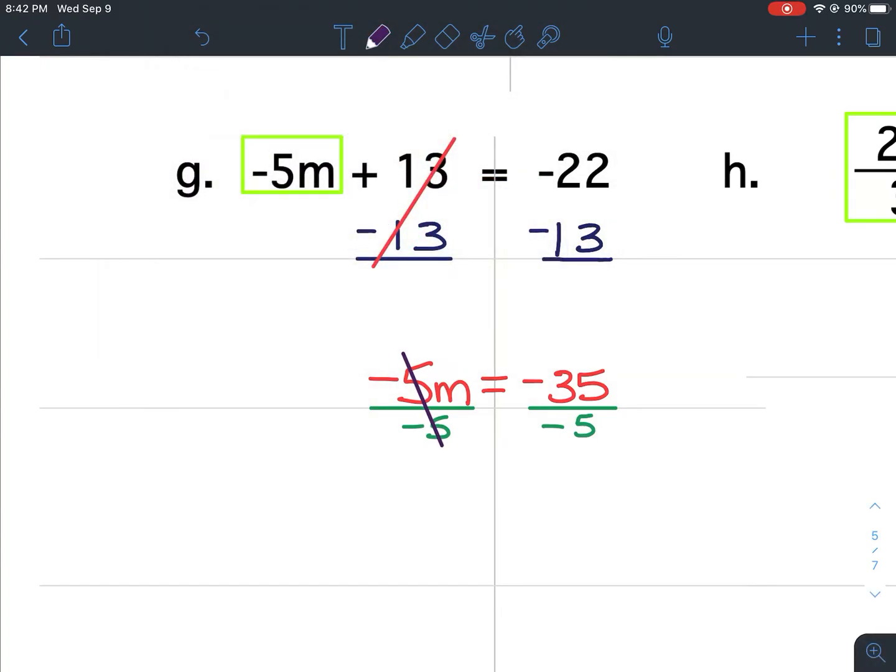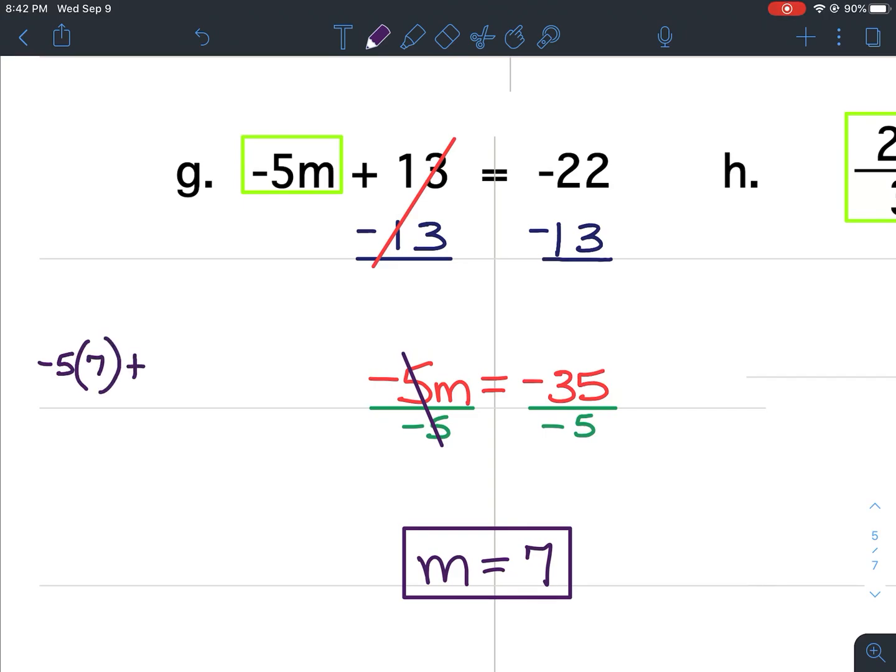So they cancel. So m equals negative 35 divided by negative 5, which is 7. All right, if you wanted to check this in your calculator, you would put negative 5 times 7 plus 13.